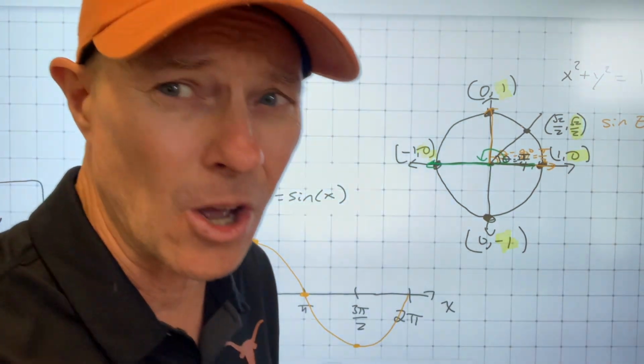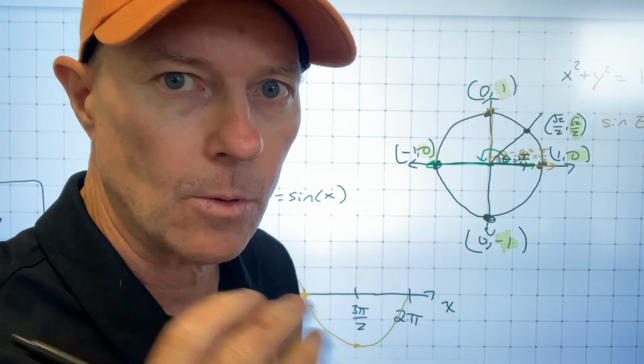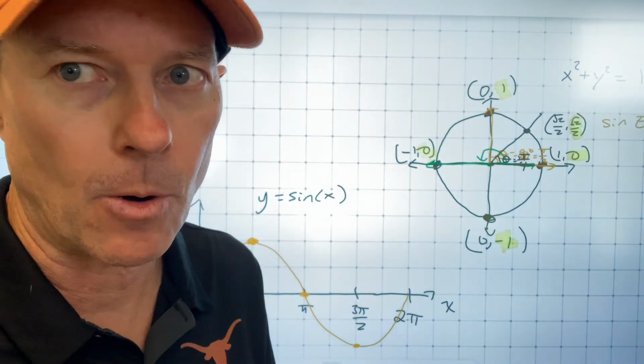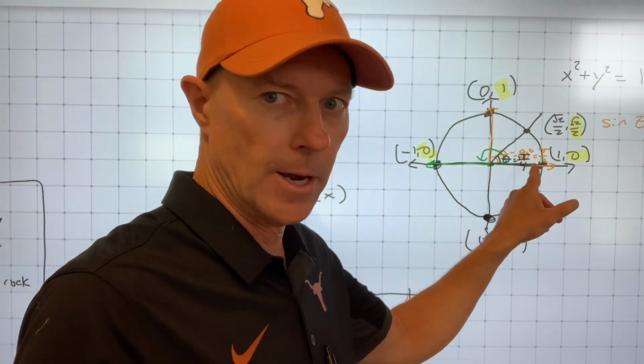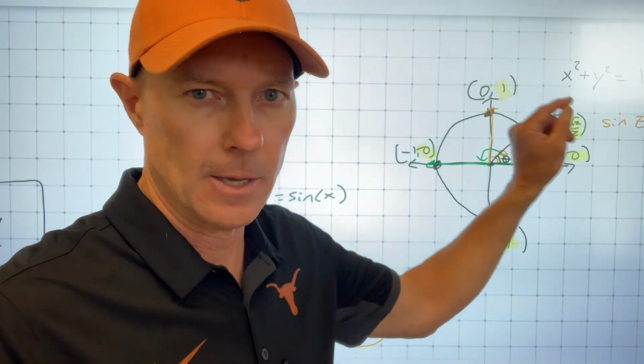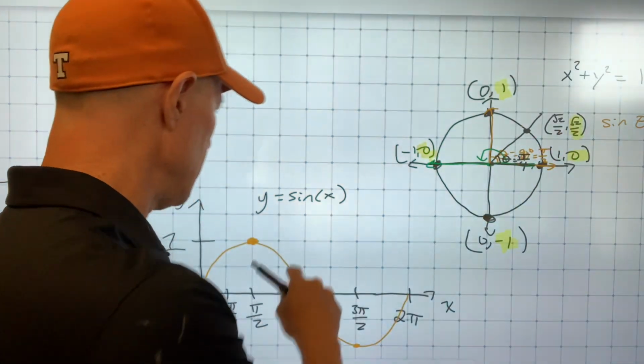Root 2 is close to 1.4. You cut 1.4 in half, you have about 0.7. So when you put in pi fourths radians, the output should be really close to 0.7.